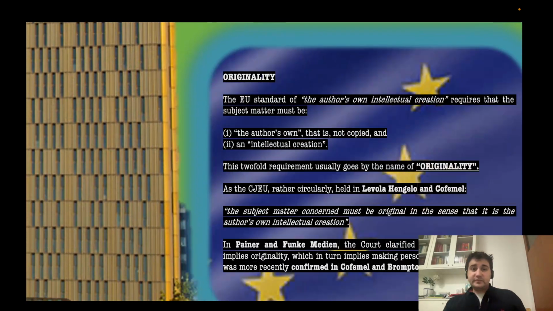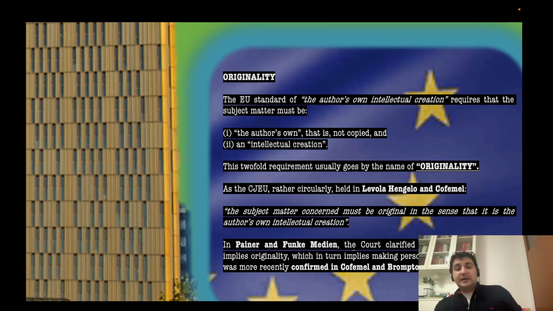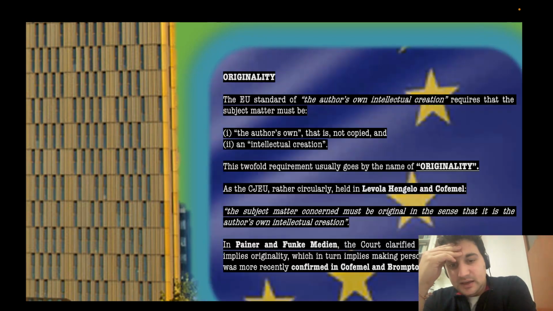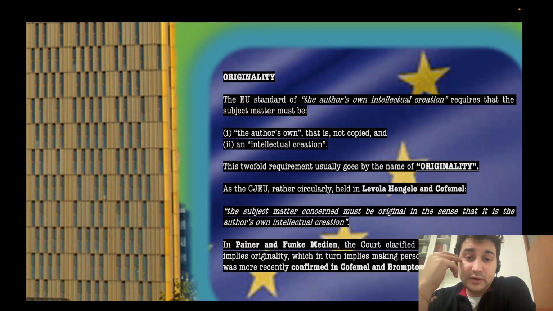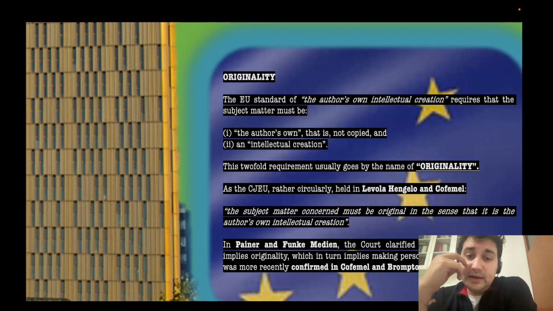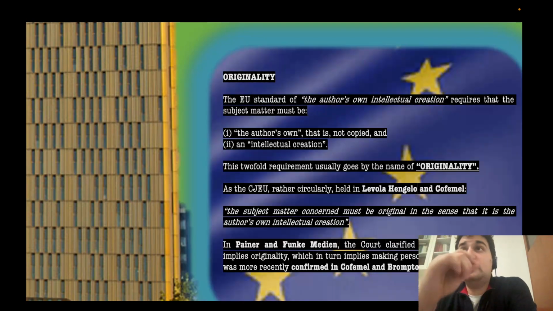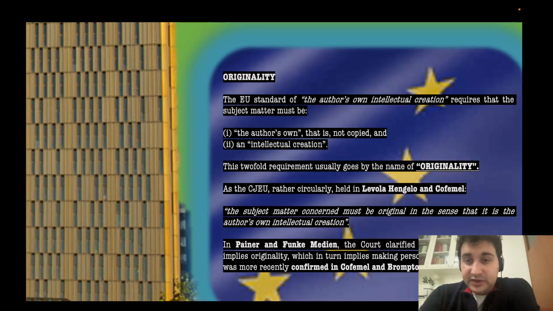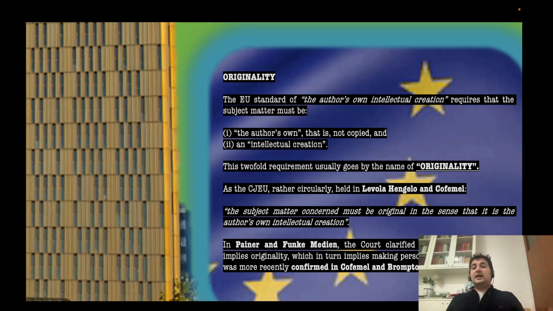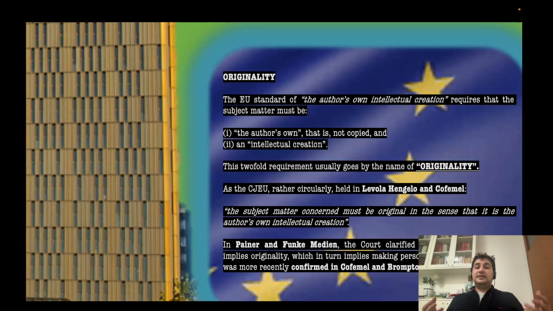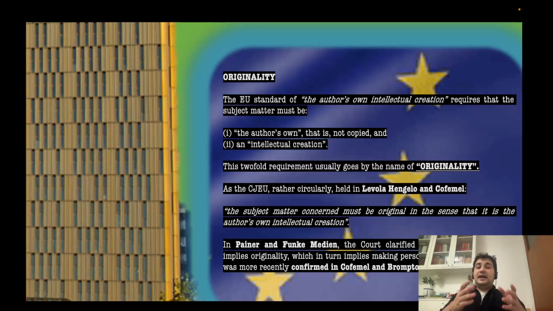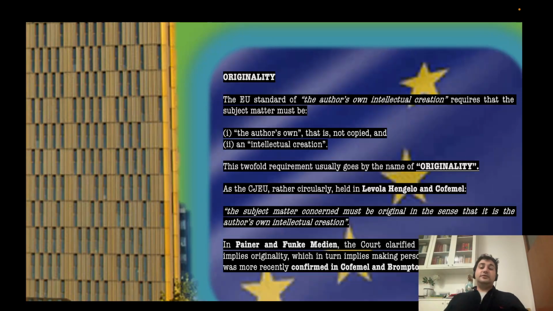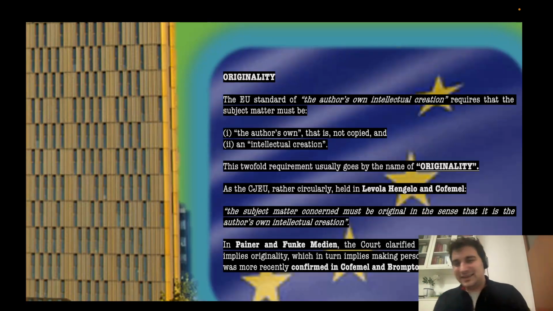Originality. The matter of originality is very interesting because from Infopaq we always use the same words, the author's own intellectual creation, for knowing that there is no copy, and it is an intellectual creation, and hence it is originality.